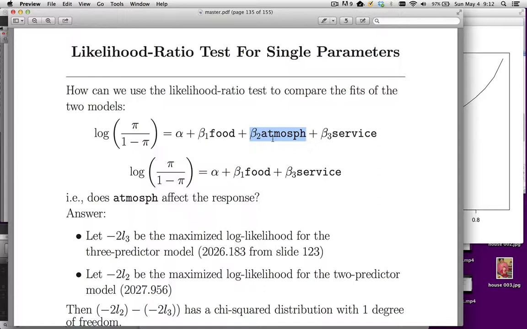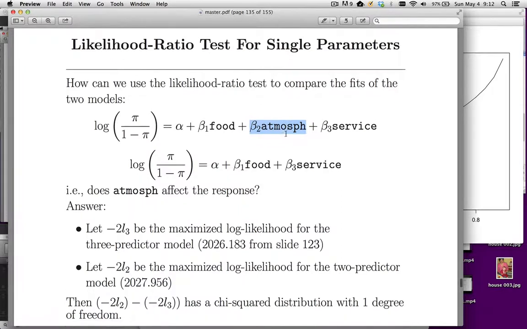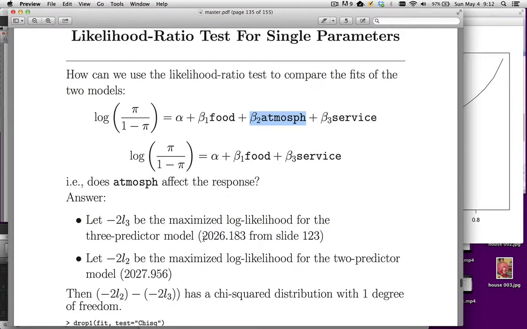So how do we do this test? We have to compute the deviances of the 2 models, subtract them, and then that difference will have a chi-square distribution with, in this case, 1 degree of freedom, since I'm only constraining 1 parameter to be 0. Let's find the first deviance. Remember, deviance is 2 times the log likelihood.